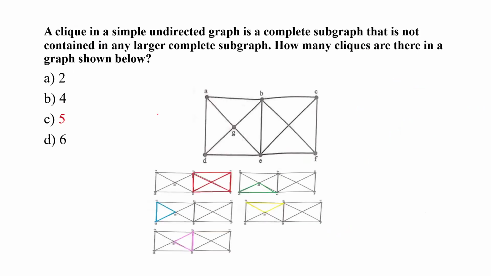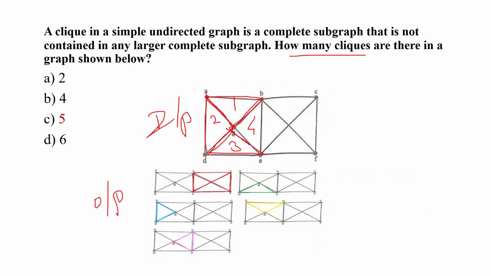Okay, next one. This is one of the important things. A clique is a simple undirected graph, a complete subgraph that does not contain any larger one. Actually, we need to find out how many cliques there are. That's all in this diagram, nothing more. Suppose this is the output and this is the input they have given. Clique means we need to find the separate parts. This is the first one, this is the second part, this is the third part, this is the fourth part.